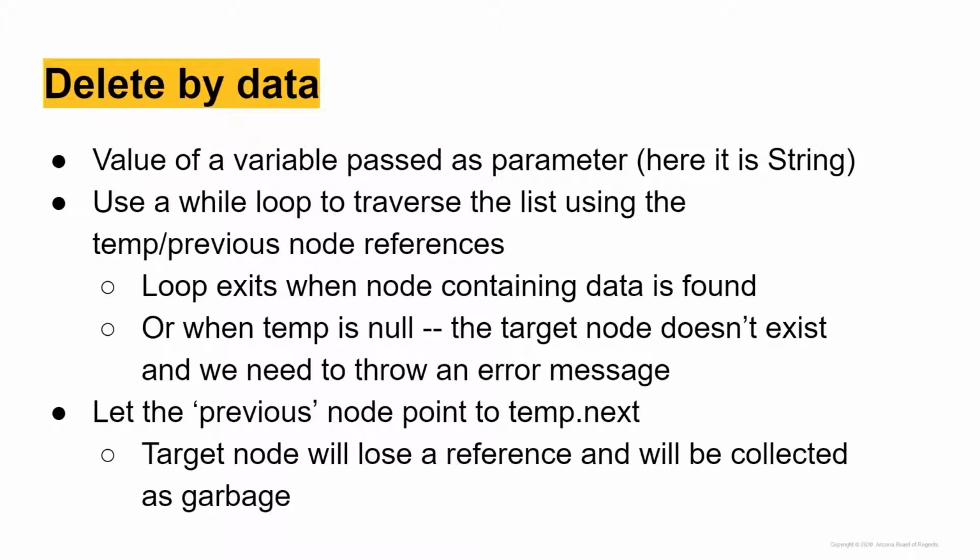or we're trying to delete something that isn't there, and so we need to throw an error message. So let the previous node point to temp.next. Once we've found the node with the name that we want to delete, we let the previous node point not to the temp node, but to the temp.next node.